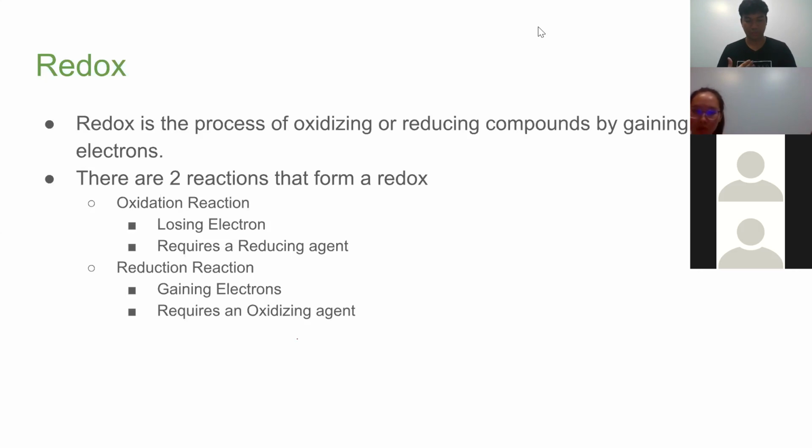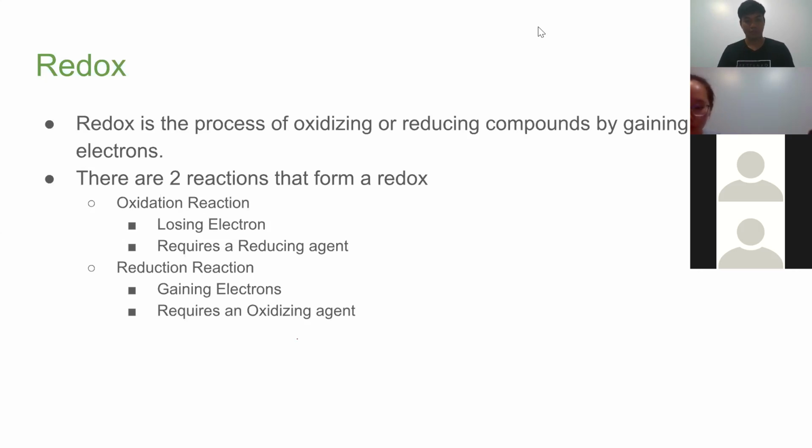Right now it may seem like unfamiliar language, but on Monday you'll see what I mean by losing electrons in an oxidation reaction, and also the requirement of using a reducing agent. And then for a reduction reaction, it's just the opposite, where you're gaining electrons, but it requires an oxidizing agent.